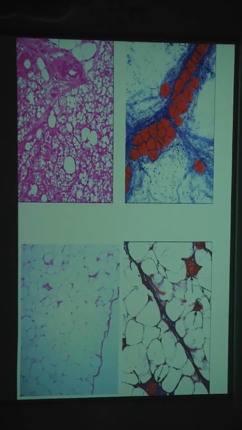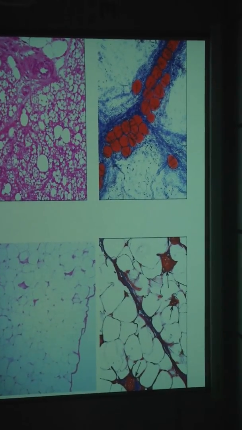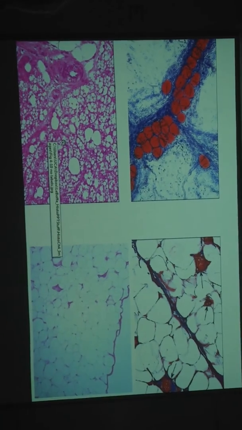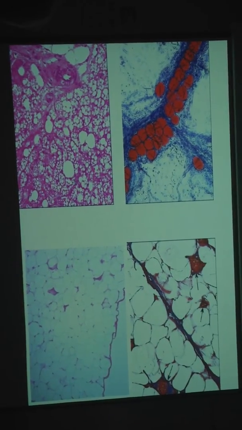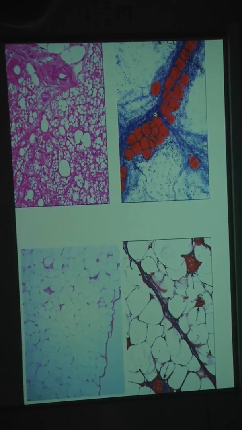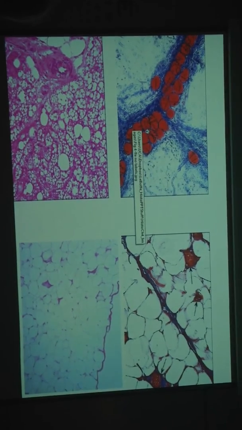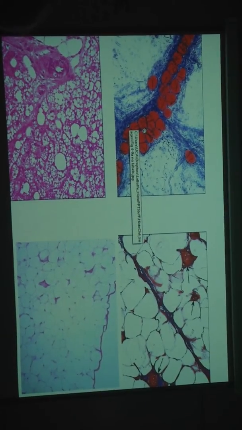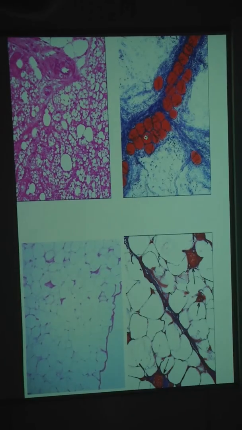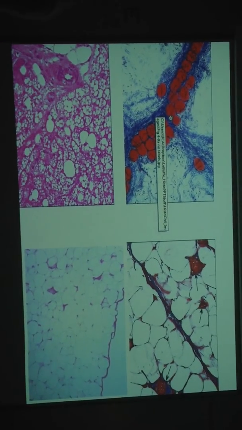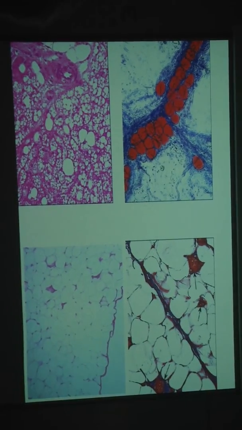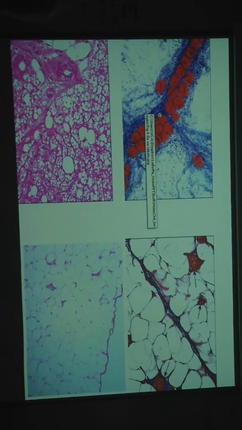Unilocular. How about bottom left? Multilocular is the only example that I showed you. This is unilocular adipocytes, where the stain is actually staining lipids. So all the red is those giant lipid droplets with triglycerides filling them inside.